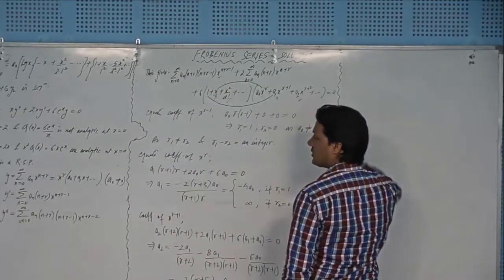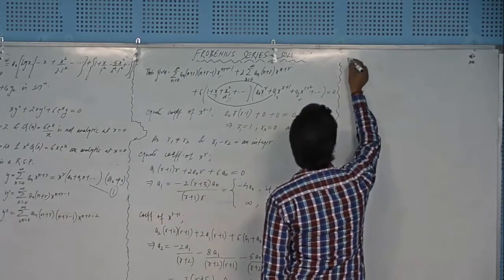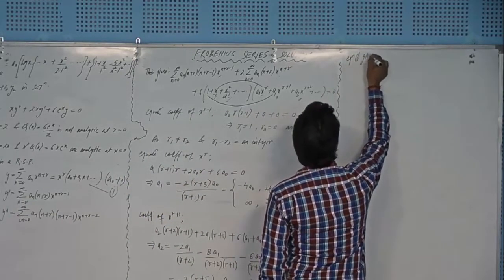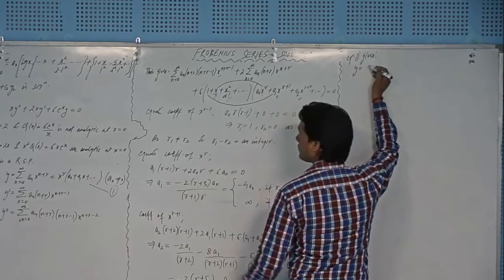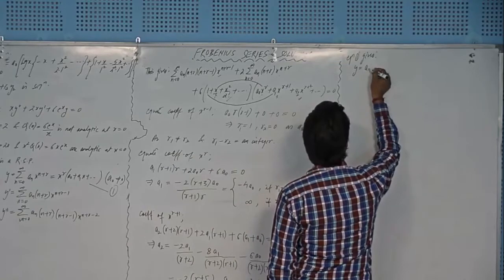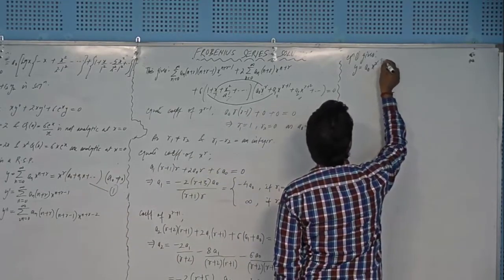So this is my equation number 1. Equation 1 gives you y is equal to, a0 will be taken common, and x to the power r is there. Okay, x to the power r, a1 is 1.